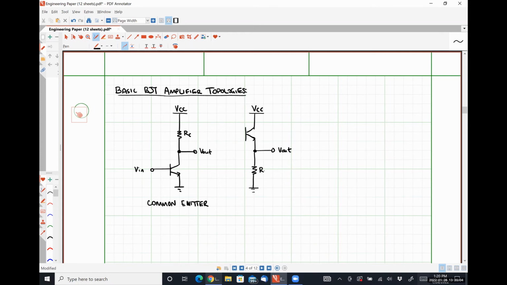We have some emitter resistance RE. We apply our input signal here. What do you think the name of this guy is? Common collector, okay? So the common collector amplifier has the collector at a common voltage.